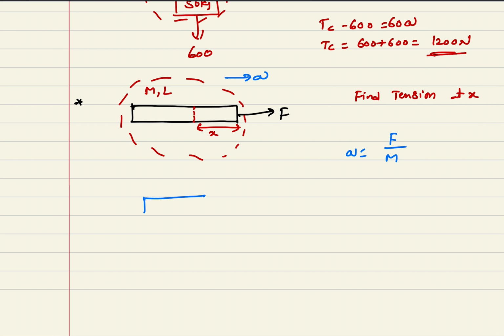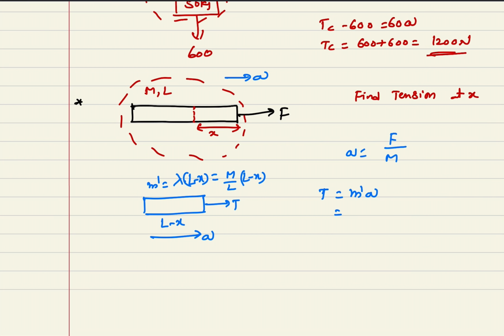But we can see that the remaining part of the length is L minus x. What is the mass of this? Mass can be written as its linear mass density into its length L minus x. What is the linear mass density? M by L into L minus x. And tension T is acting, and the body is going like this. I can write T is equal to m dash into acceleration a. What is my m dash? M by L into L minus x, into a, where a is F divided by m.